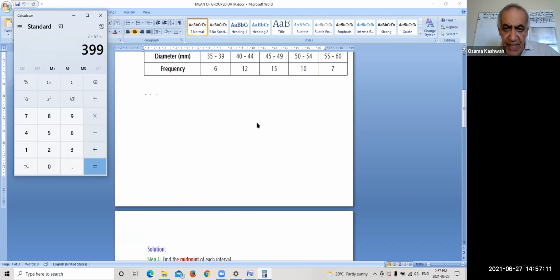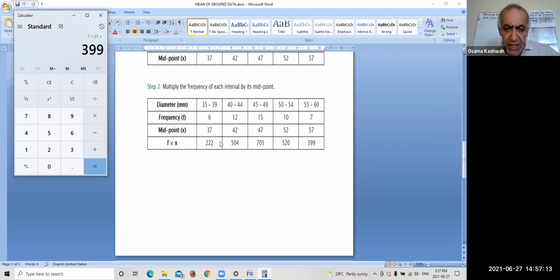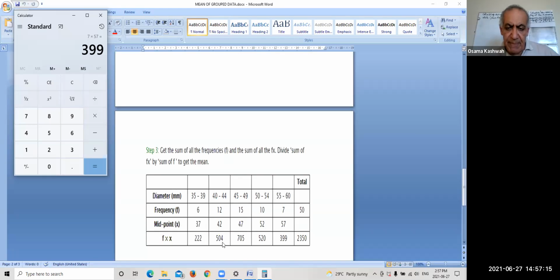Then the frequency here: 6 plus 12 is 18, plus 15 is 33, plus 10 is 43, plus 7 is 50.